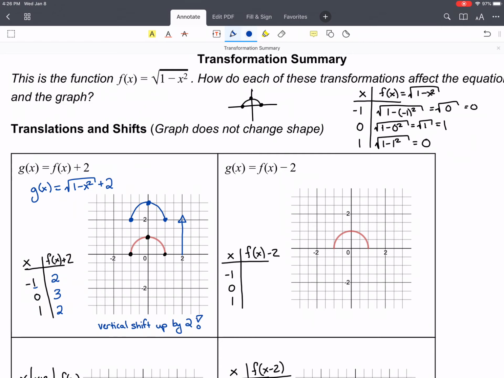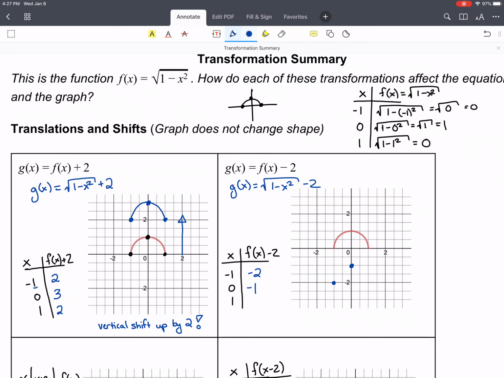Now something similar happens when I look at g of x is f of x minus 2. So now, when x is negative 1, instead of outputting 0, I output 0 minus 2, or negative 2. When x is 0, instead of outputting 1, I output 1 minus 2, or negative 1.